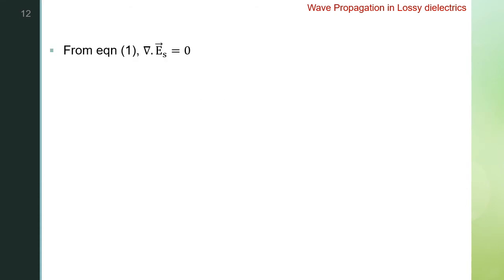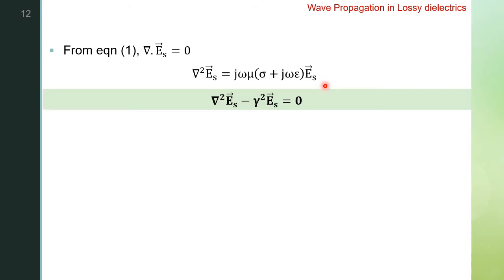So from equation 1, we know that del dot Es is equal to 0. So the expression reduces to the form del square Es is equal to j omega mu into sigma plus j omega epsilon Es. This equation can be written as del square Es minus gamma square Es is equal to 0, by taking the term on the right hand side to the LHS and equating to 0.